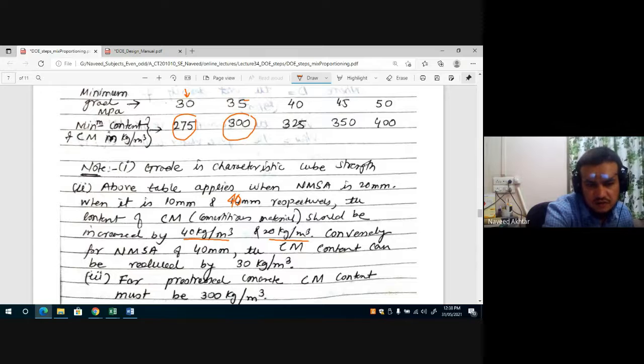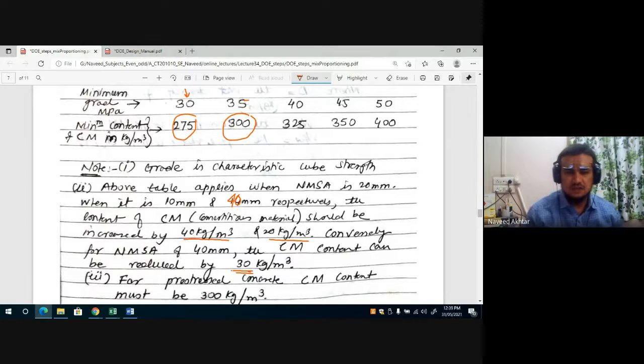For a nominal maximum size of aggregate of 40 mm, the cement content can be reduced by 30 kg per cubic meter.